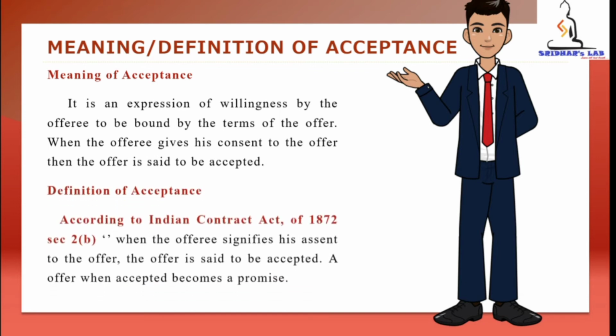The definition of acceptance says, according to the Indian Contract Act of 1872, Section 2 subsection (b), when the offeree signifies his assent to the offer, it is said to be accepted. So when an offer is accepted, it becomes a promise, which is also called an agreement.